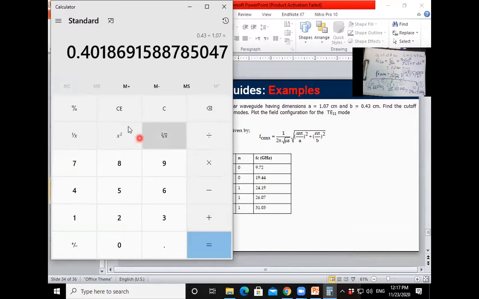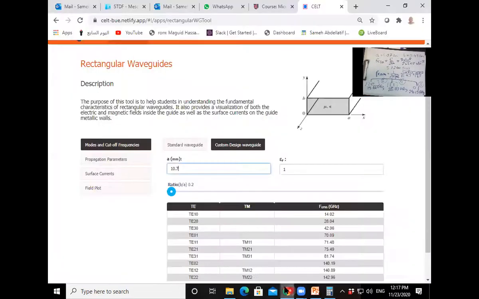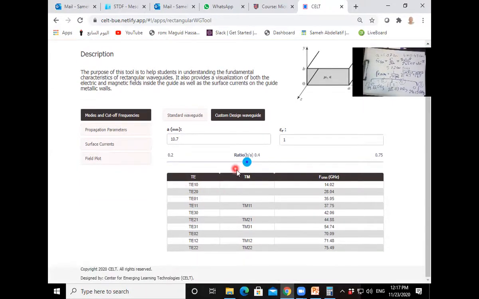Then the result is nearly 0.4. So this is the ratio between B over A. I will go now to the tool again and change it to nearly 0.4. Okay, so that's 0.4. Now you can see the results.